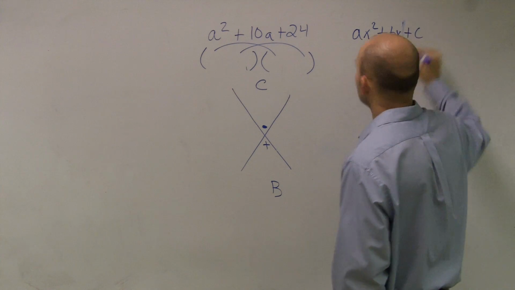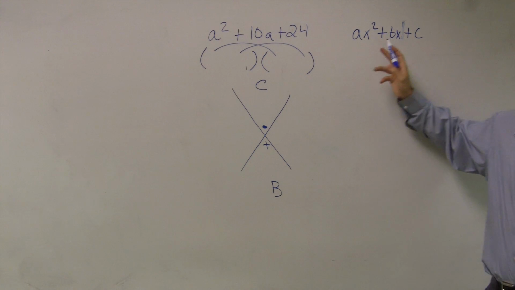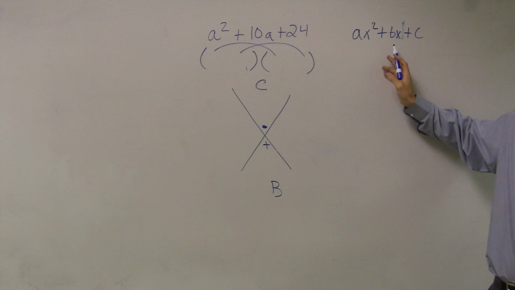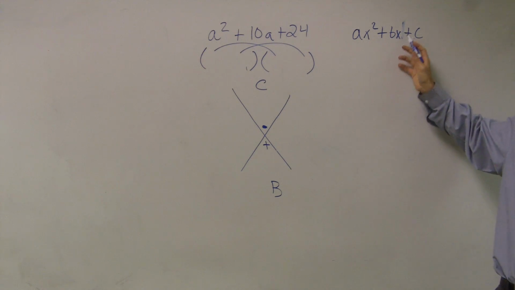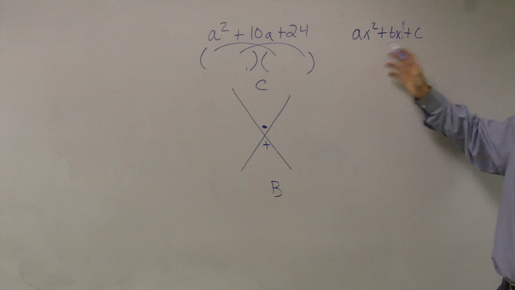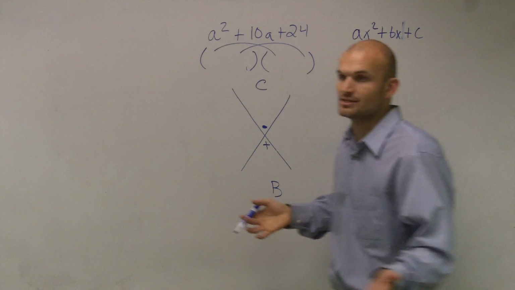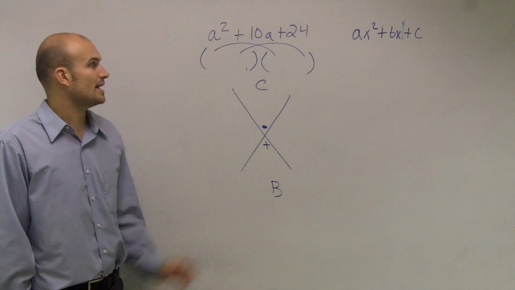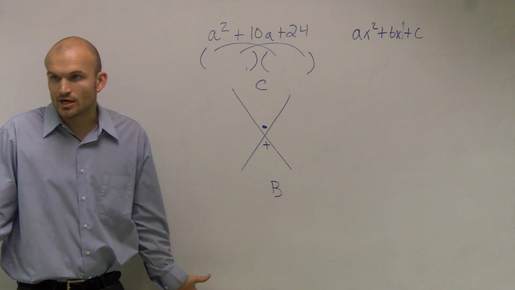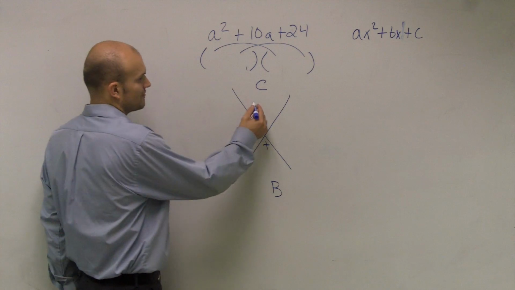On our previous notes, we talked about quadratic form, where B is going to be the number in front of your linear term, the variable that has an exponent of 1, and C is going to be just your number that's all by itself, not multiplied by a variable. So in this example, what number is all by itself? 24.